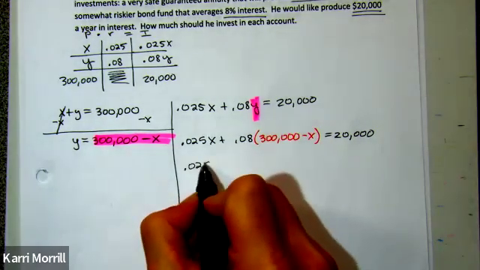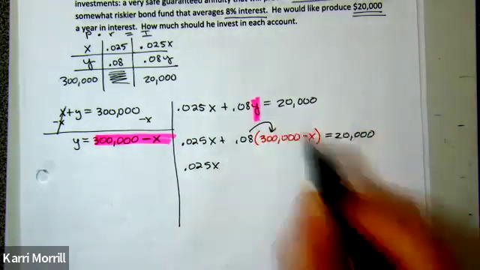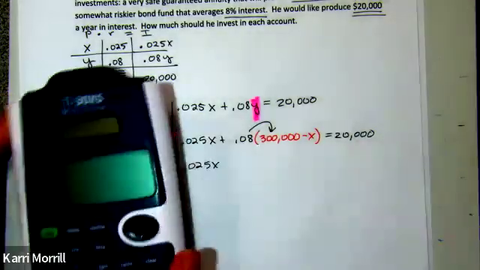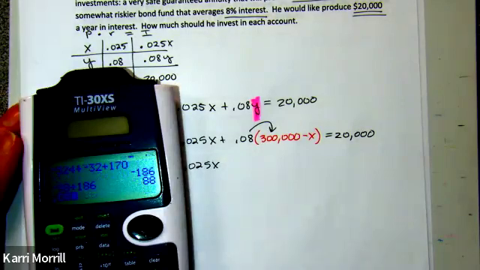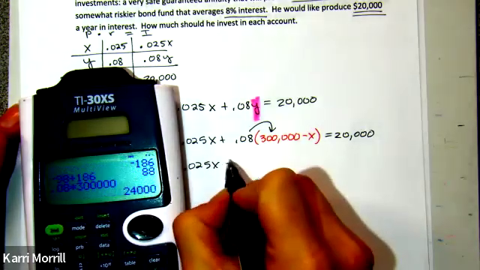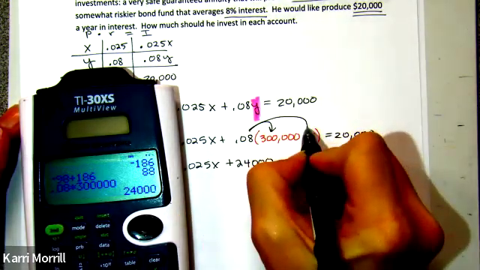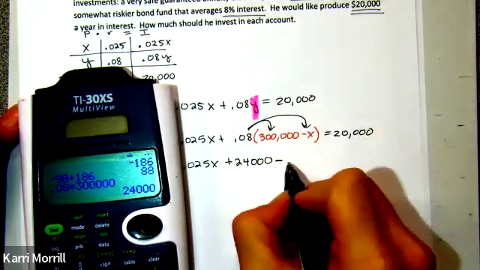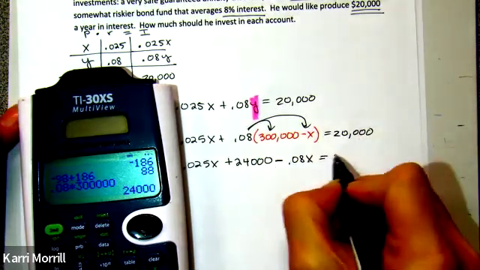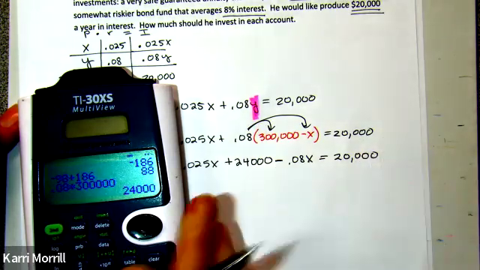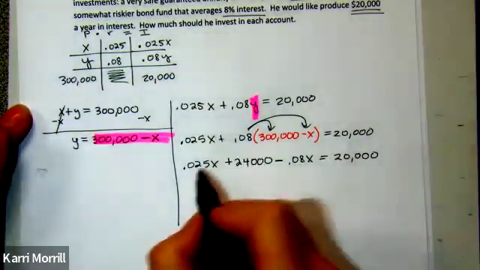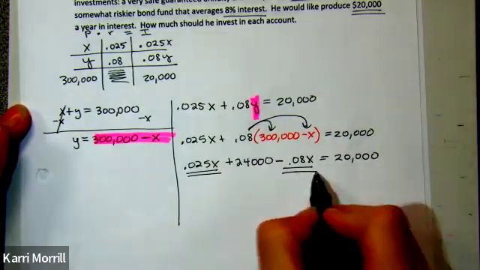So 0.025x, and then I'm going to plug this in my calculator, 0.08 times 300,000 is a positive 24,000, minus, because a positive times a negative will make that a minus 0.08x equals 20,000. So we've distributed, and this would be the step where we definitely want to combine like terms.